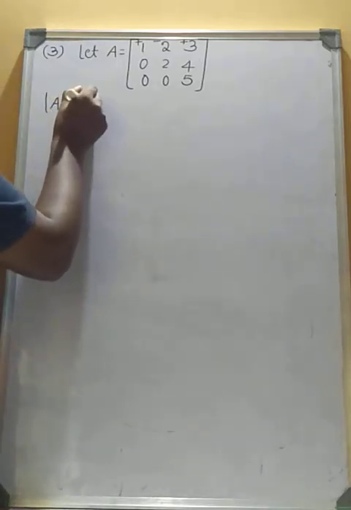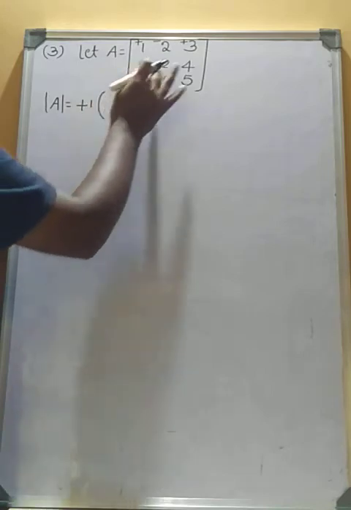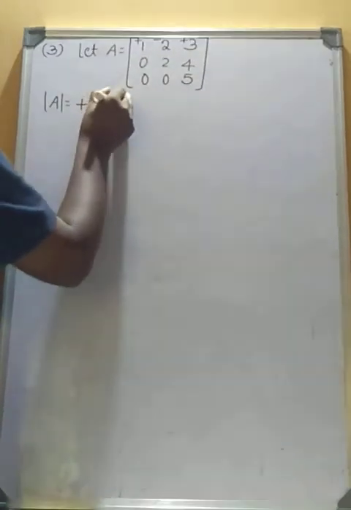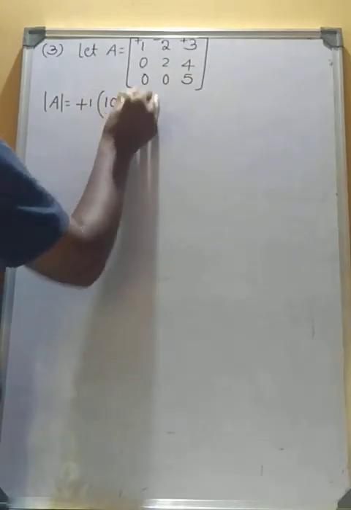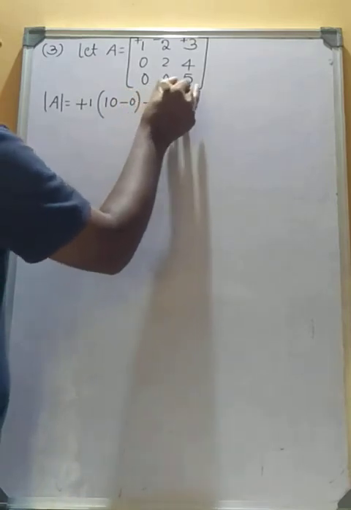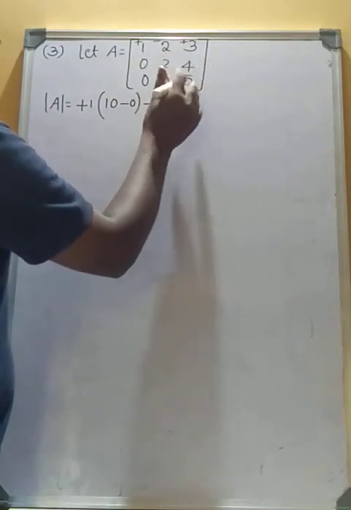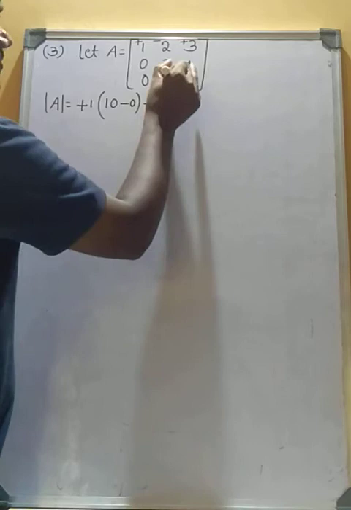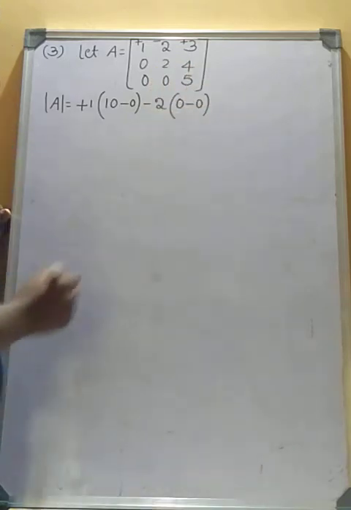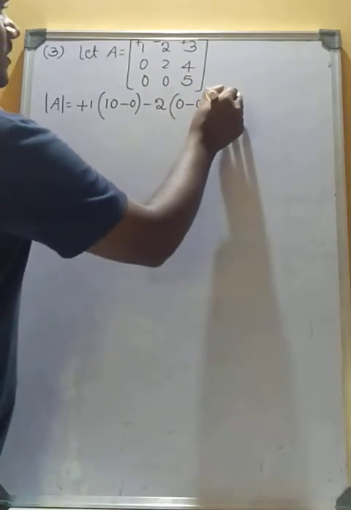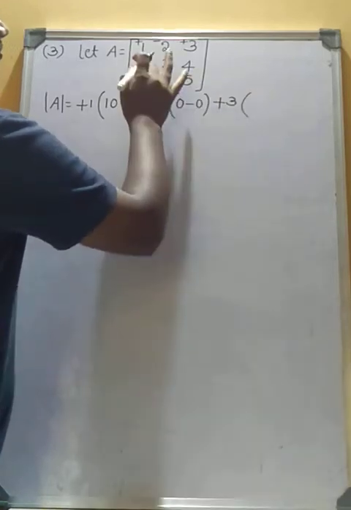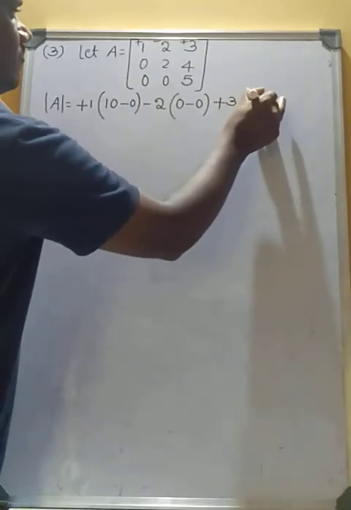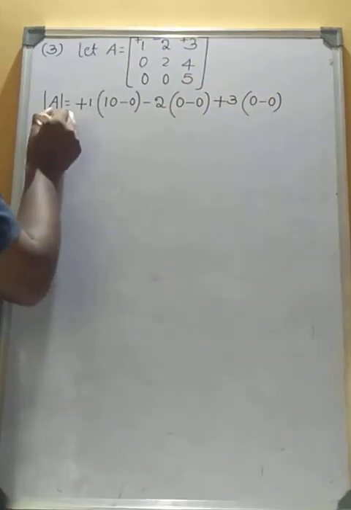Now expansion along the first row. Place 1, again 2 5s are 10 minus 0, minus 2, 0 5s are 0 minus 0 4s are 0, plus 3, 0 zeros are 0 minus 0 2s are 0.